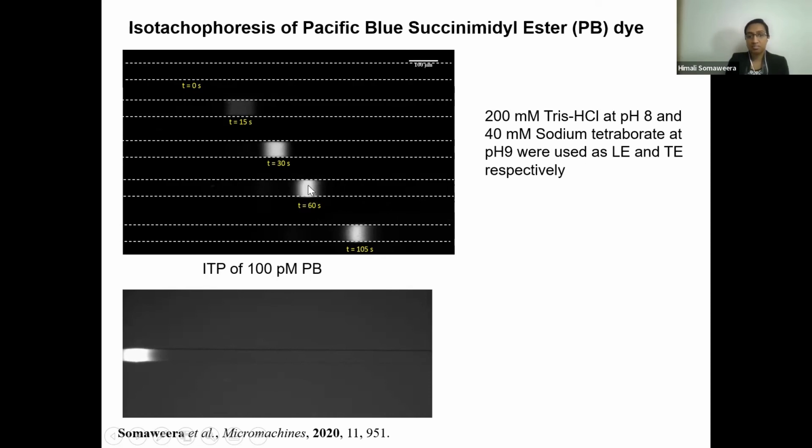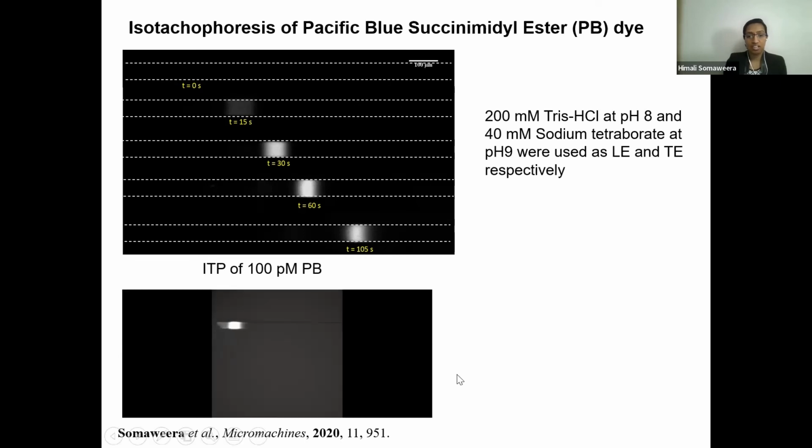But after that point, it's kind of getting diluted. But when you collect it at some point, we can detect that sample even using mass spec or HPLC because it's pretty concentrated. And here is the video of how this band is flowing.